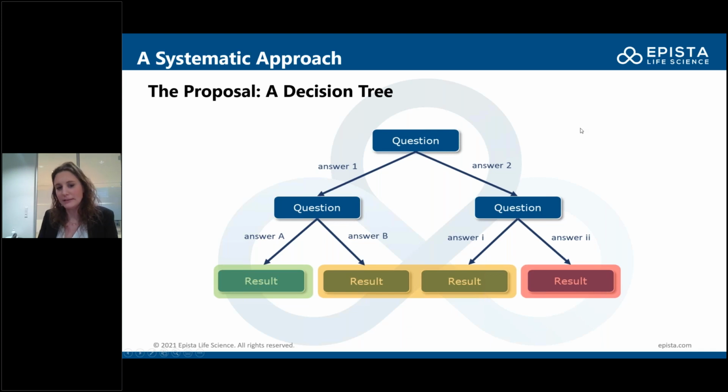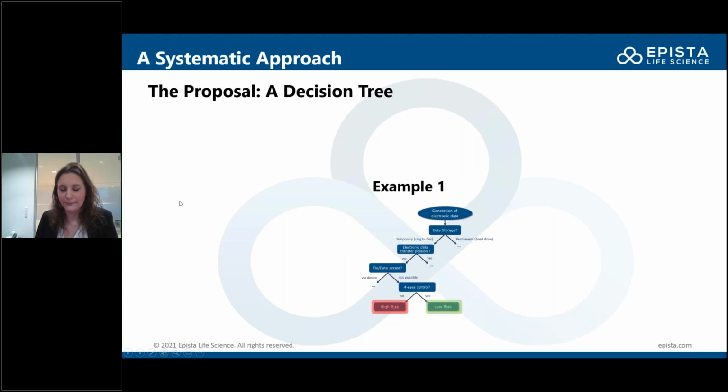Our idea was to ask a question, just like the gap assessment would do, but then based on the answer that you give, you're redirected to another question. And that question will be different than the question you would be asked if you answered in a different way. That way you can walk down and figure out in the end if you have a system that has a low risk, medium risk, or high risk.